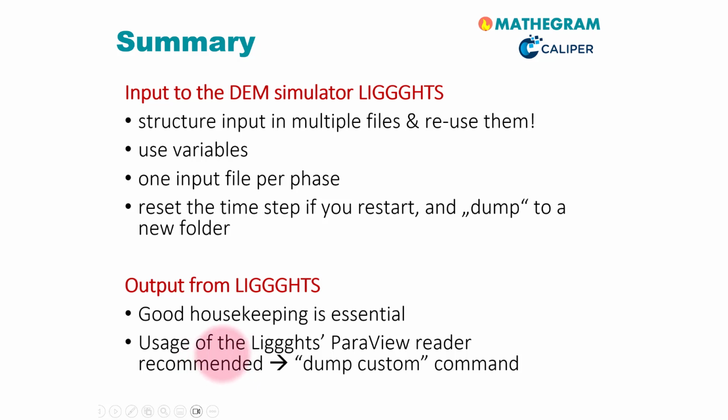When you use LIGGGHTS, we heavily recommend you to use ParaView, and there is a dedicated ParaView reader for LIGGGHTS output, which you can find here. This allows you to use the dump custom command in LIGGGHTS, which is quite flexible. Also, you don't need these VTK libraries.